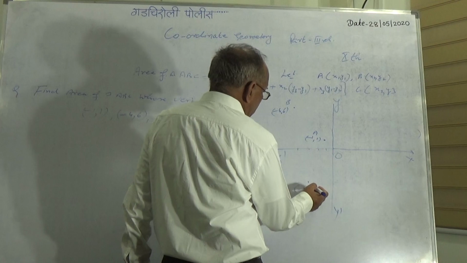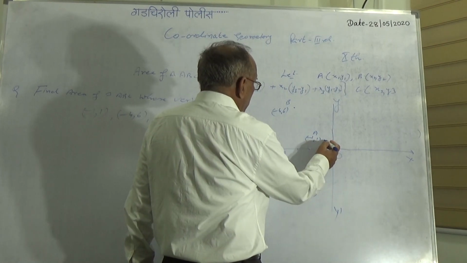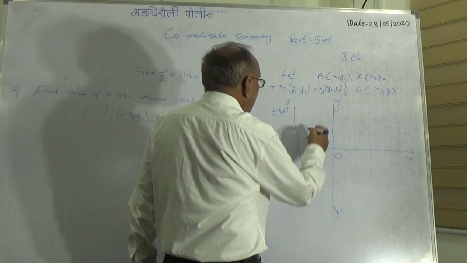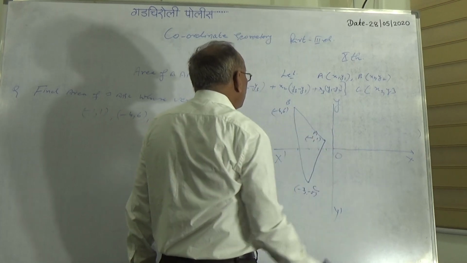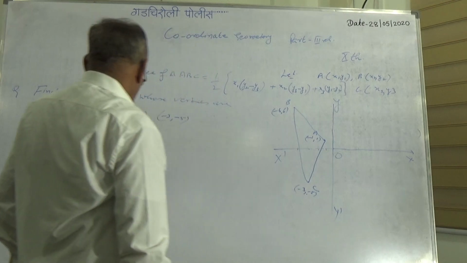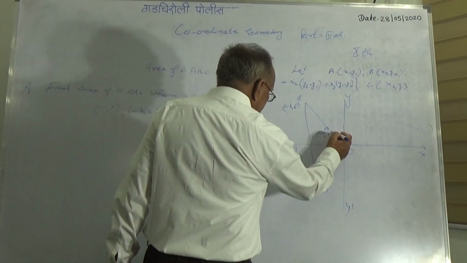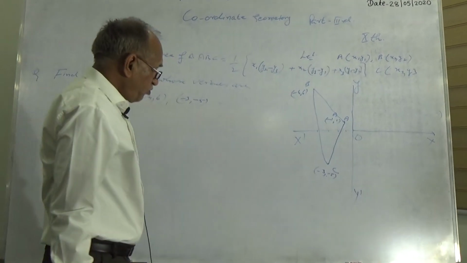This is point C. Now joining these points, this is a triangle ABC. We have to find the area.